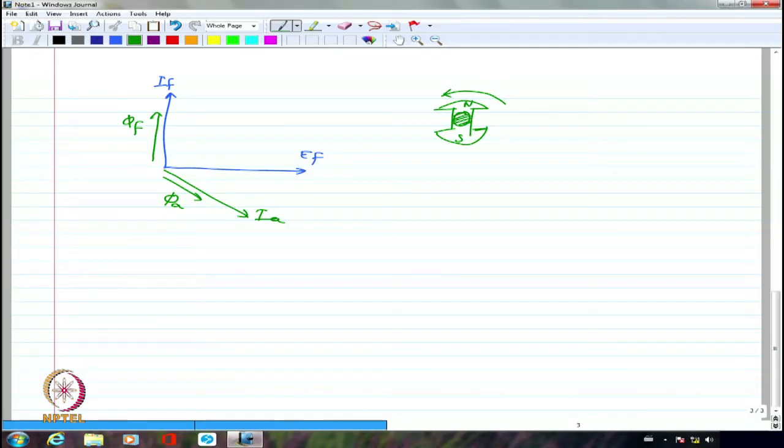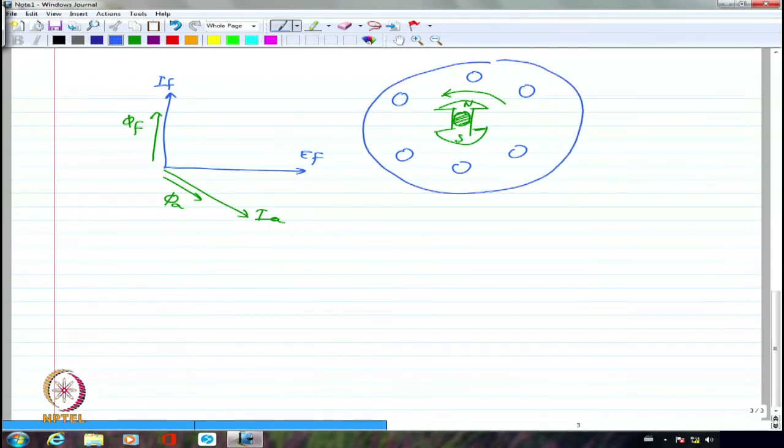Now I have A phase, B phase and C phase windings here. These are the windings which are shifted from each other by 120 degrees. So this is A dash, B dash and C dash. I am going to have induced EMFs in A dash, then subsequently after 120 degrees in B dash, then subsequently in C dash.